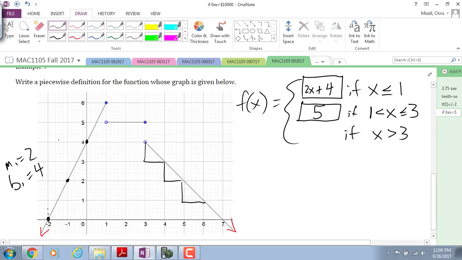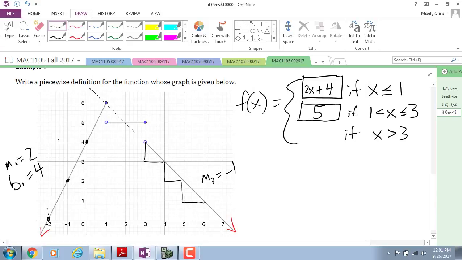I'm thinking the slope, I'd call that, what? m sub 3 equals -1. Now the y-intercept, if we really wanted to figure that out, I think it's about 7.